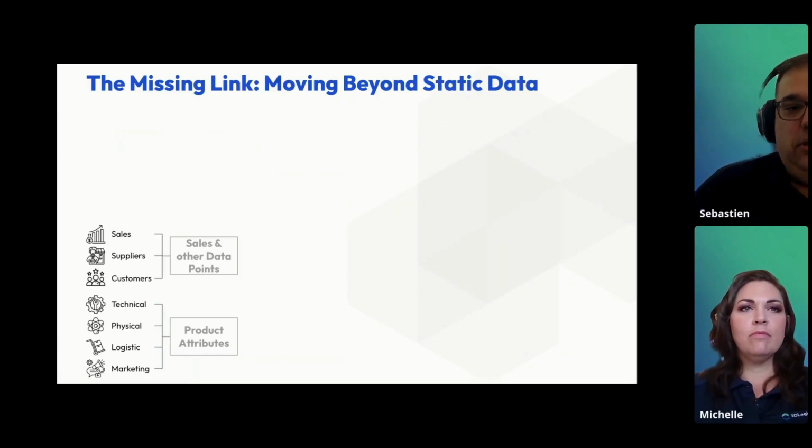And we have the customer data, or the sales data that comes from the POS system, your ERP system, your CRM, your e-com platform, or whatever the case might be.